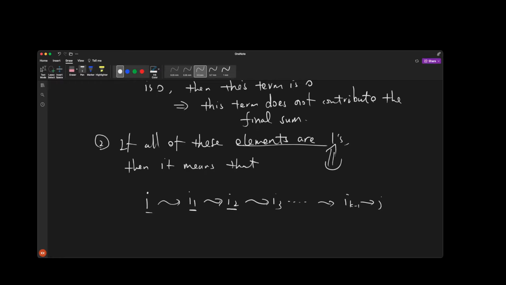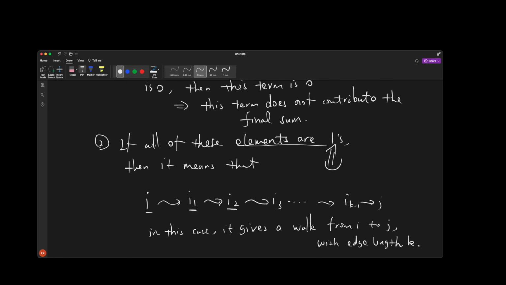Okay, so in this case, it gives a walk from i to j with edge length k.